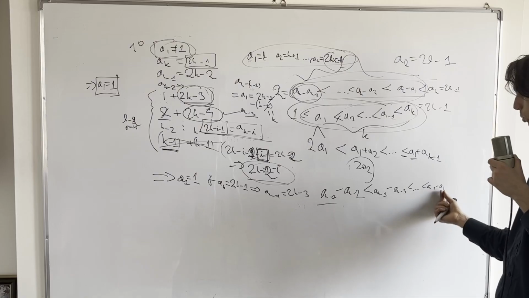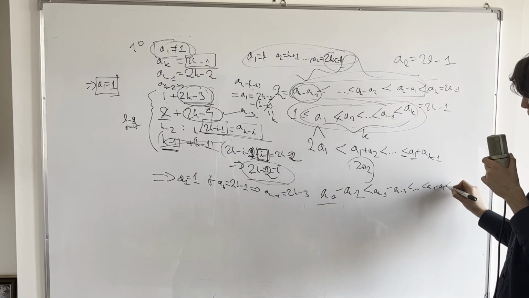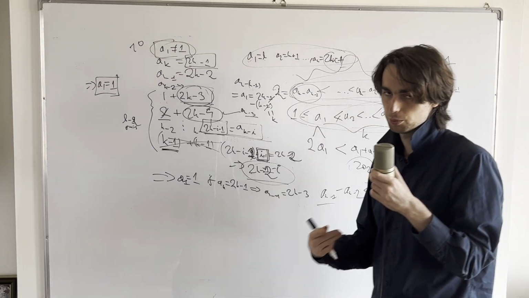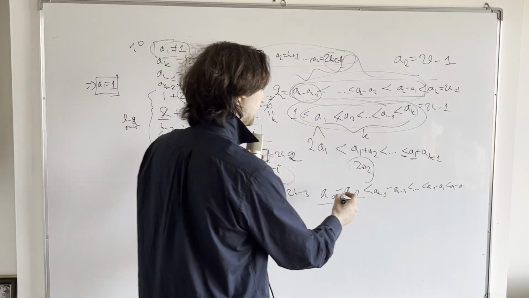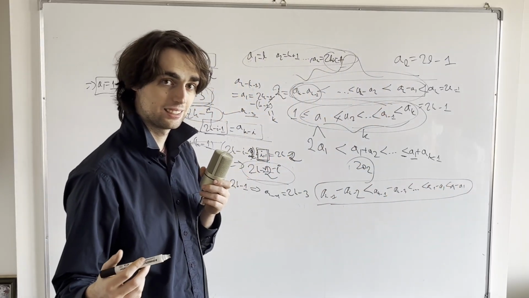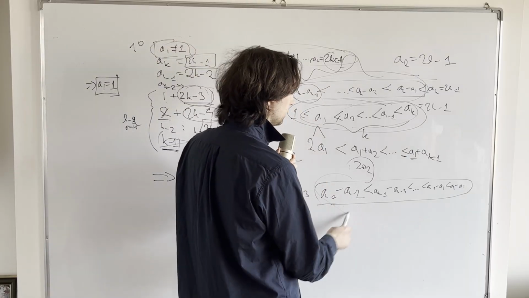Okay, now this gives me 1 through k minus 2 differences, but then I can say, wait, this is less than a_k minus a_1, and kaboom, I'm done. I again have k minus 1 distinct sums, differences, and that means that these match up.